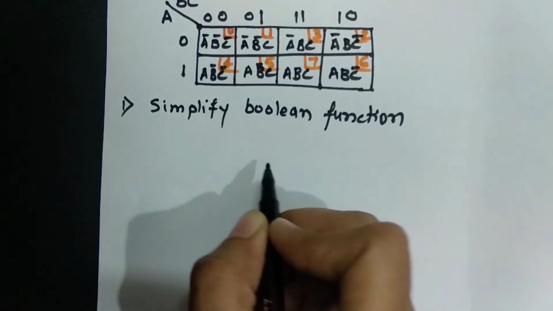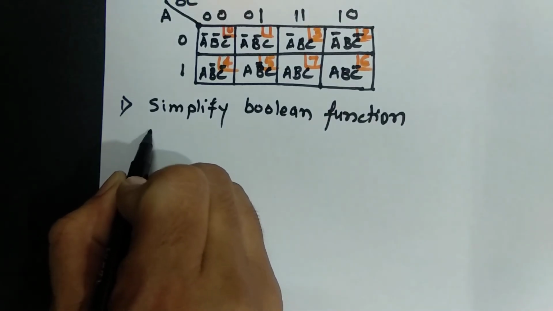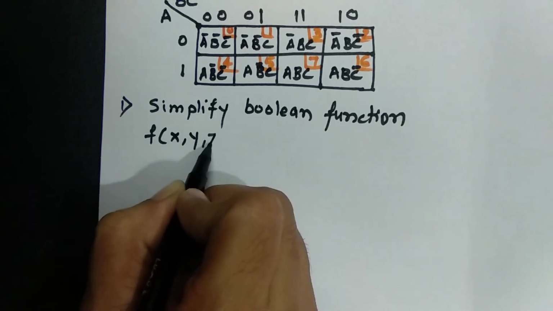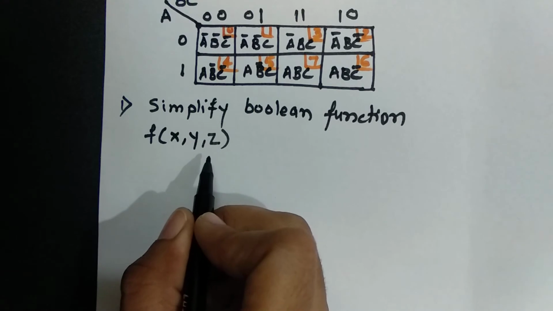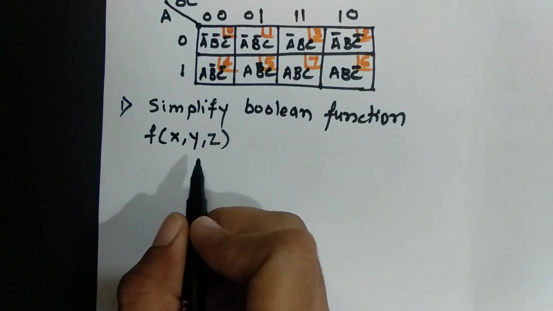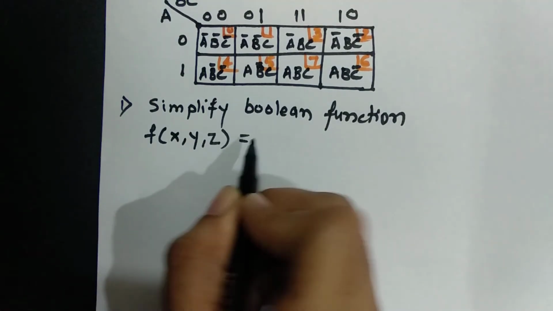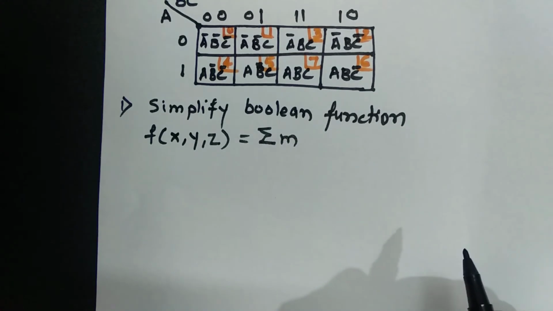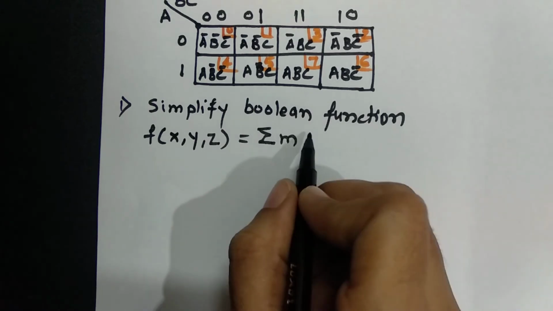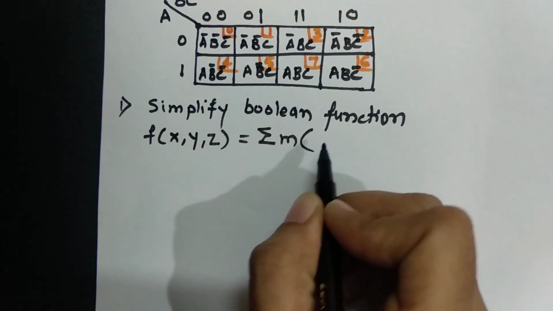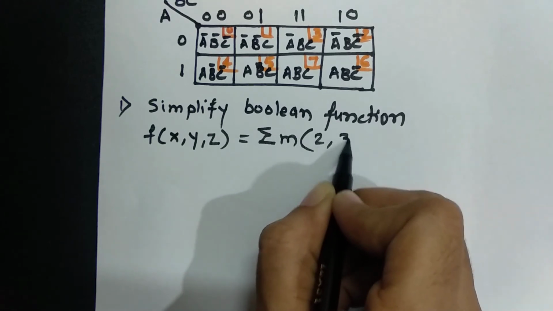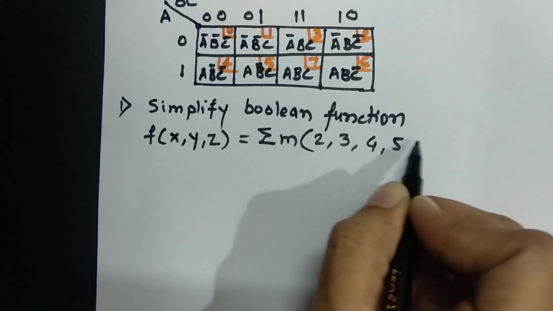The function is given as f of x, y, z. X, y, z are the variables used in this problem. Summation of m means that these are your min terms. Min terms means SOP format: 2, 3, 4 and 5.